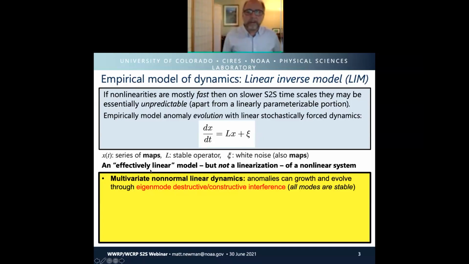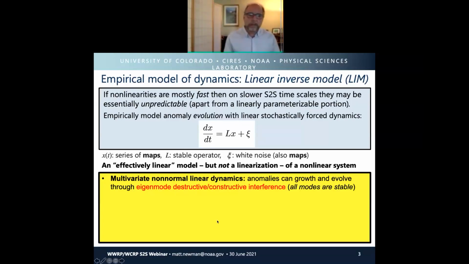Again, keep in mind, this is an effectively linear model. It's not the same thing as a linearization. It implicitly includes a parameterization, a linear parameterization of nonlinear terms. Also important is that the dynamics are asymmetric. In other words, it matters where you are and variables interact differently. Shear obviously ultimately gives you asymmetry and advection as the most obvious example.